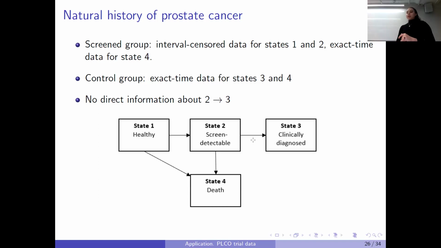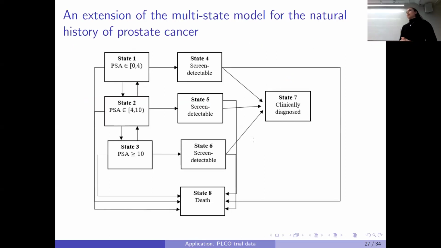So what we thought about is, okay, can we just borrow the same idea? Can we just discretize this biomarker, define different states, and then get different screen detectable states, and then we can account for a different sojourn time given the PSA values? That was the question, and that was what was explored.